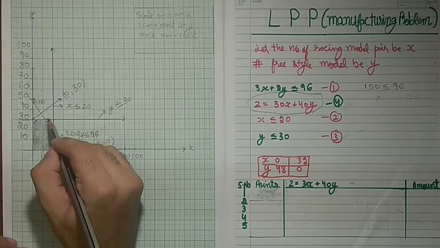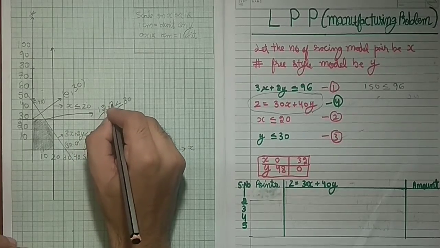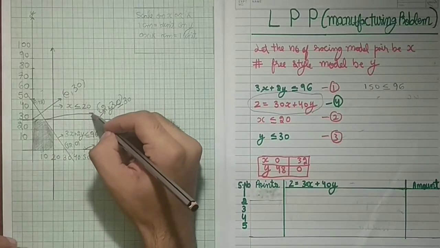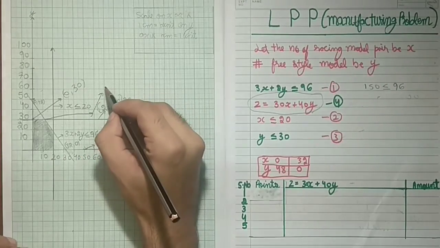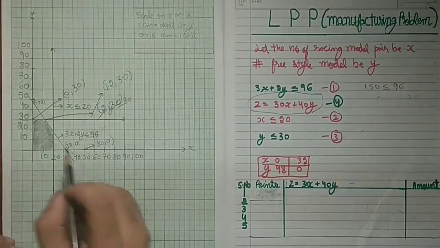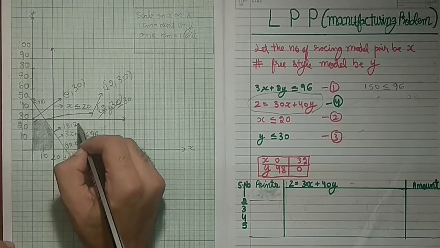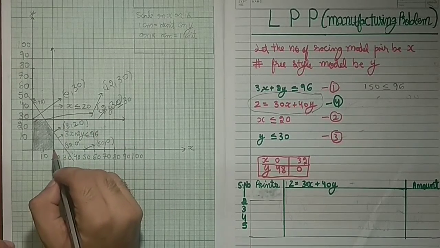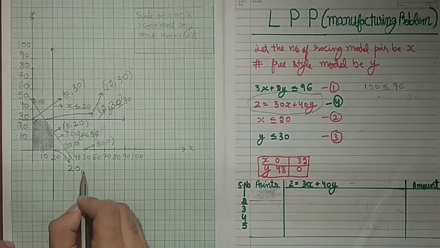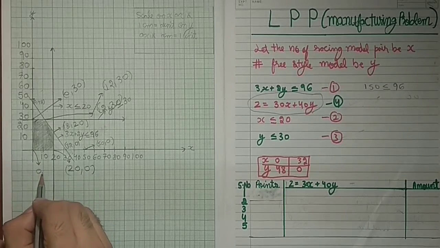Point number 2 here is 12, 30. Point number 3 here is 18, 20. Point number 4 is 20, 0. And point number 5 is 0, 0. That's the origin.